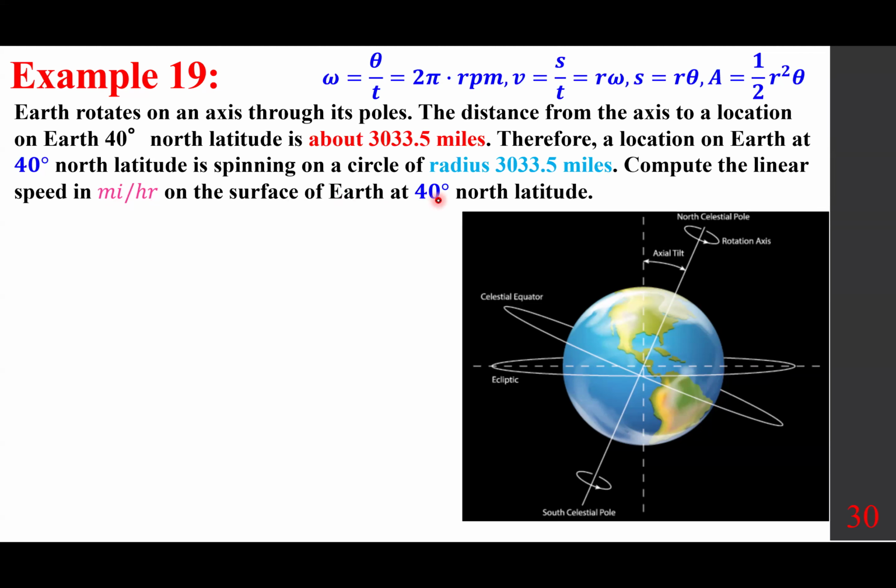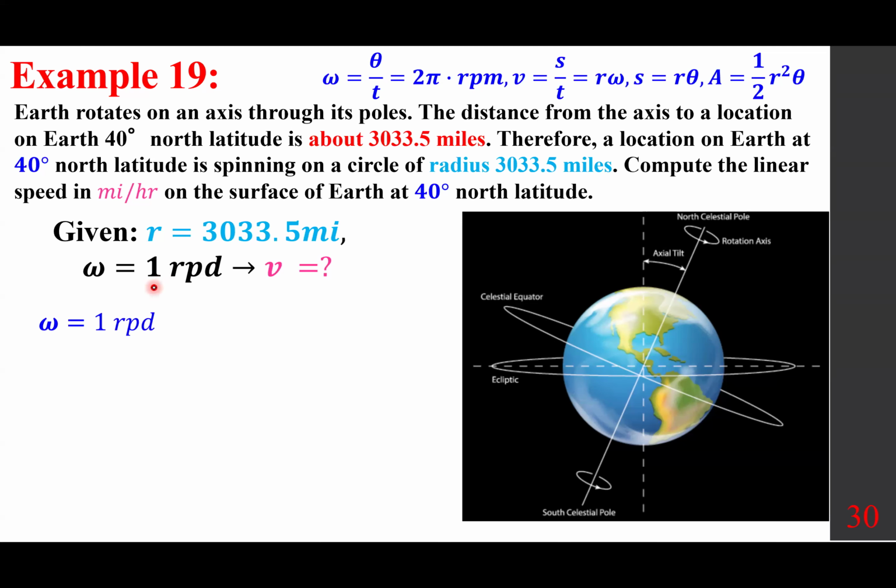So what is given? R, and the 40 degrees is just a piece of information; it doesn't enter the calculation. Omega is 1 revolution per day, and we are interested in calculating the linear velocity v. And remember, we want to go with radians. 1 revolution per day means 2 pi radians per day.